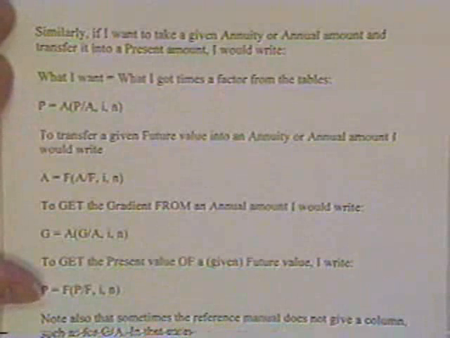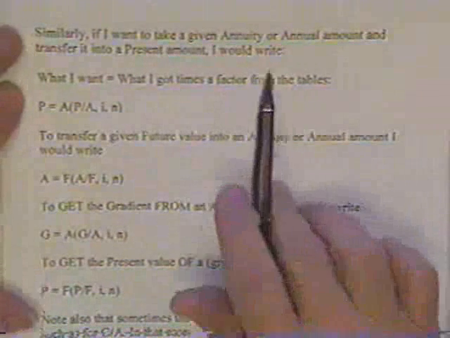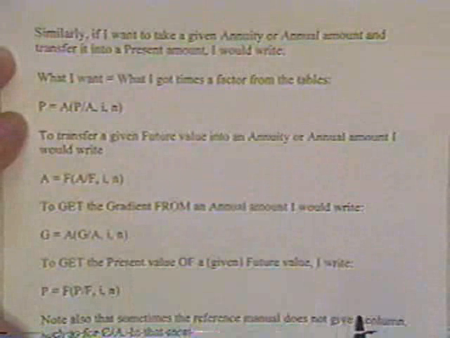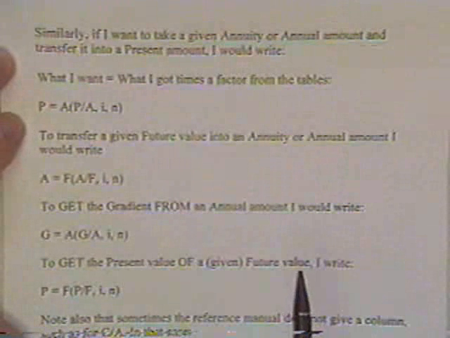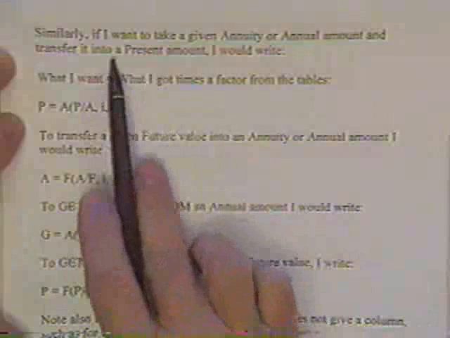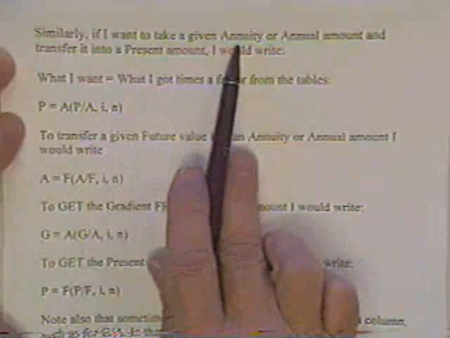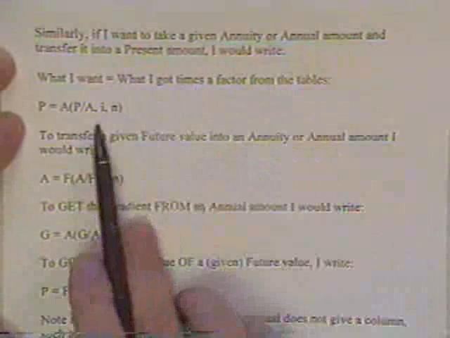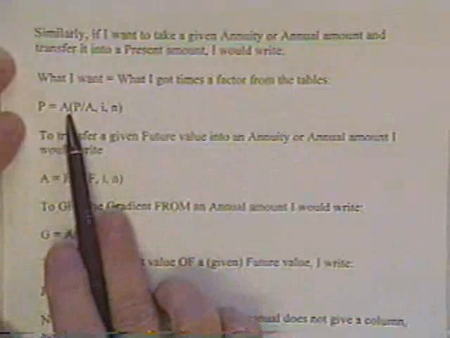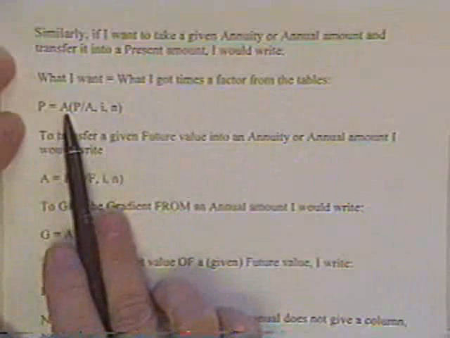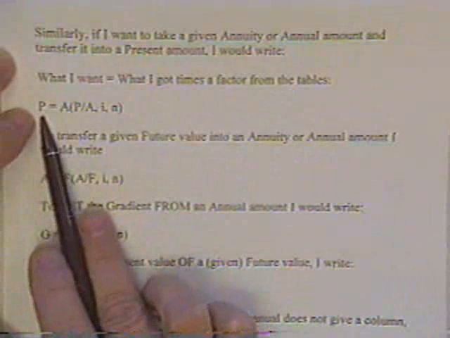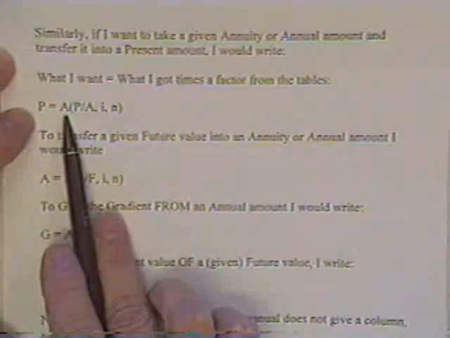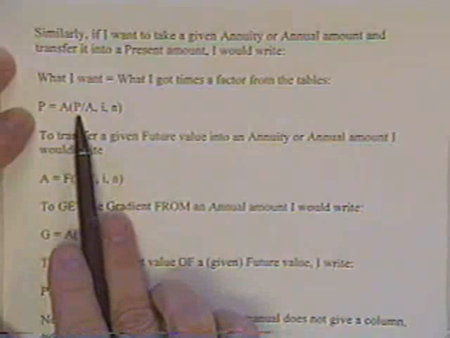Now then, you may or may not know what an annuity is. You may or may not know what a gradient is. I'll show you what each of those are shortly. But I just wanted to emphasize that even though you may not know what an annuity or an annual amount is, if you are given the annual amount you want, and you want to know how much present money to put in the bank so you can have that annuity as you get old, there's no doubt about what to do.